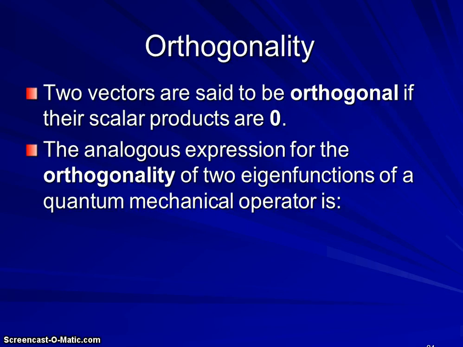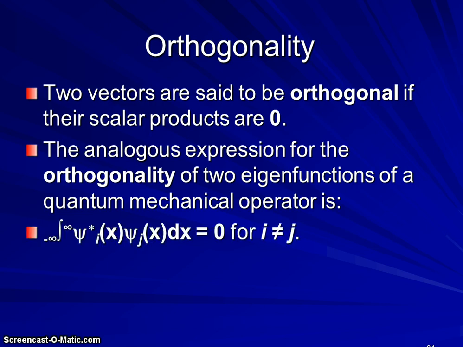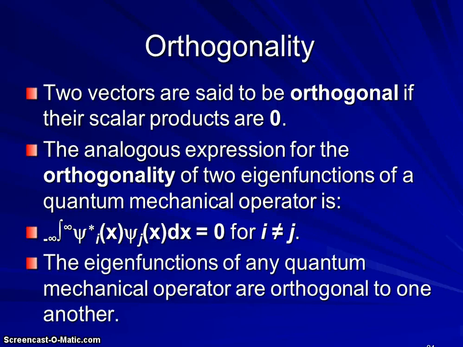Two vectors are said to be orthogonal to one another if they are at a right angle to one another, or another way of saying that mathematically, if their scalar products are zero. The analogous expression for orthogonality of two wave functions of a quantum mechanical operator is to say that if those two different functions are multiplied by one another and then the integral is taken over all space, we should get a total of zero if the two functions are different from one another.